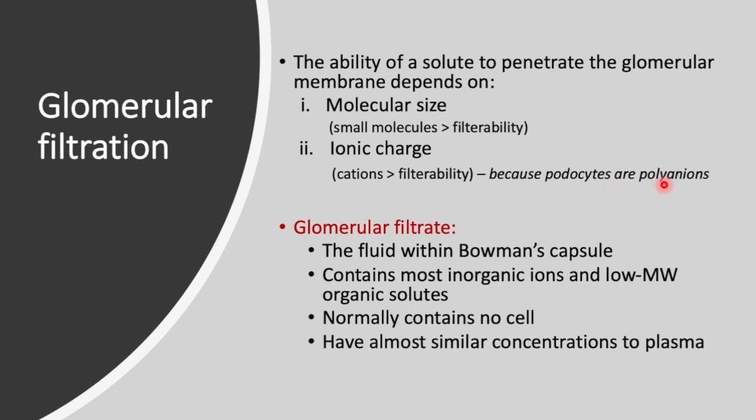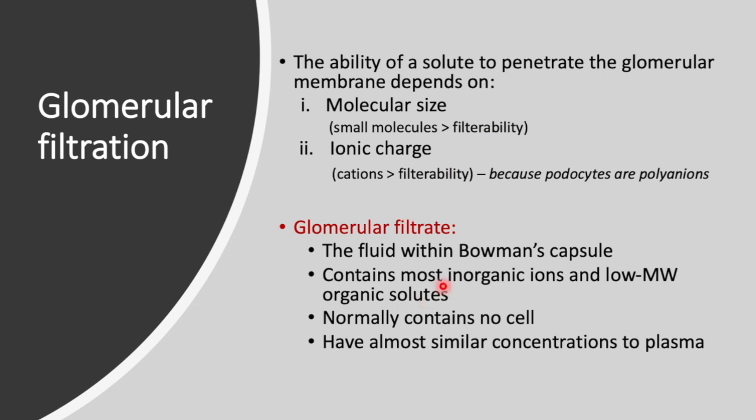Albumin is an anion, which is negatively charged. So, although its molecular weight is smaller than the filtration slit of the podocytes, because it is negatively charged, it cannot pass through the podocytes. So these 2 factors, molecular size and ionic charge, determine whether a substance can pass through the filtration barrier or not.